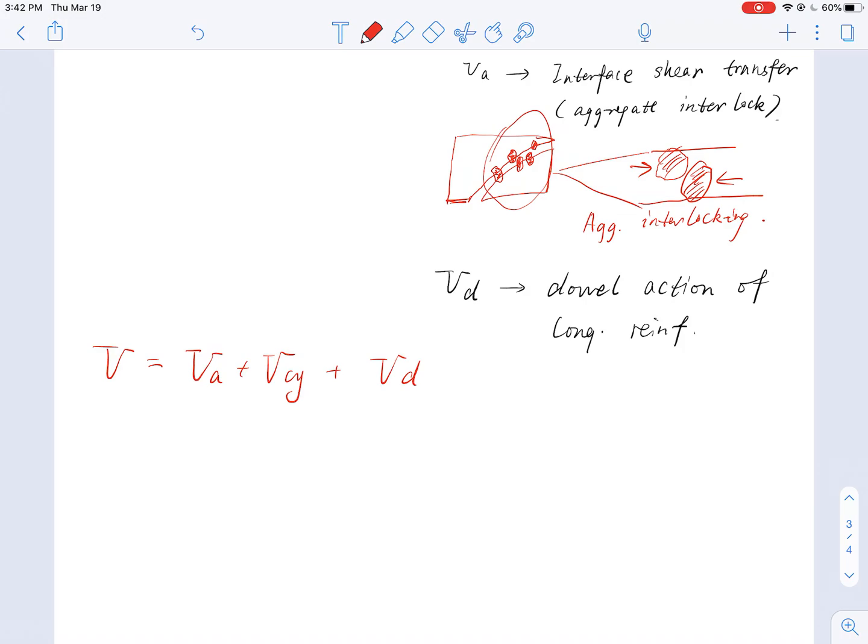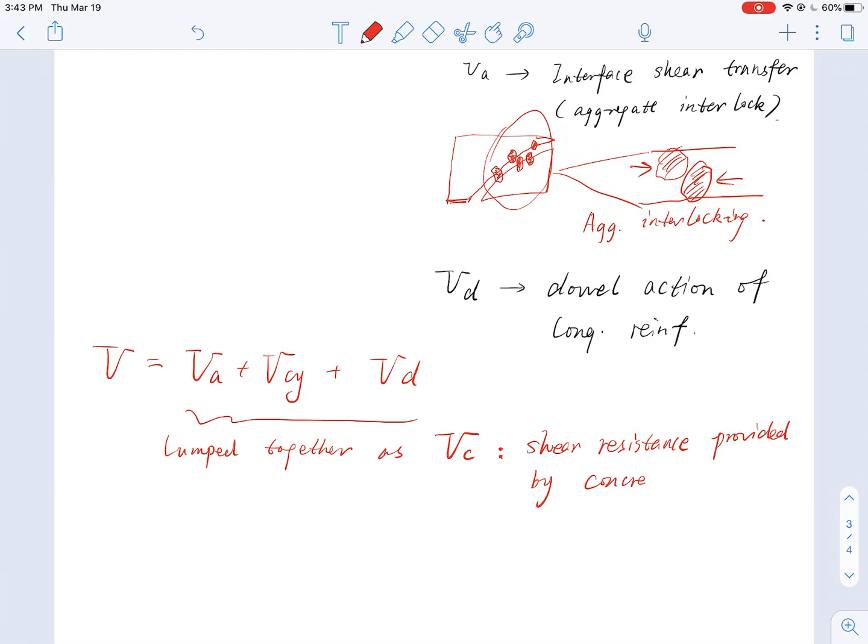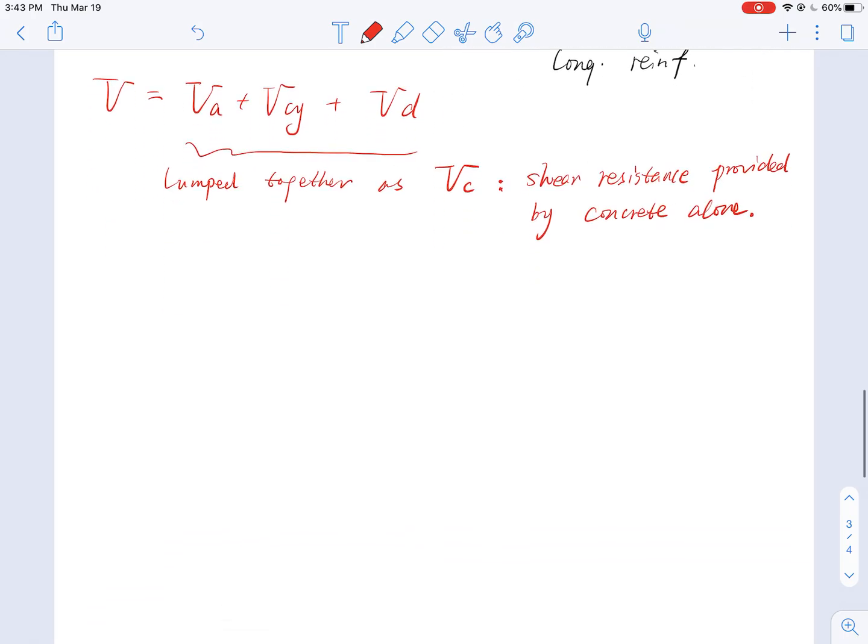And we call this total lumped together as VC, which means shear resistance provided by concrete alone.